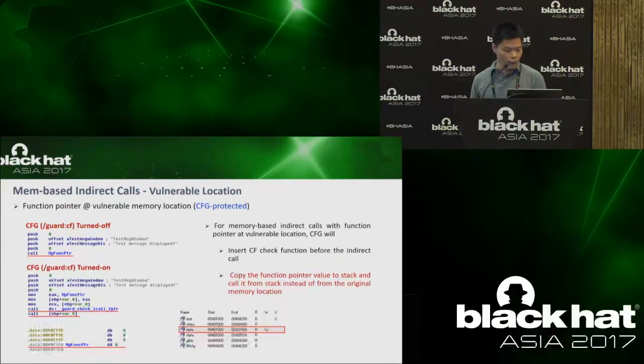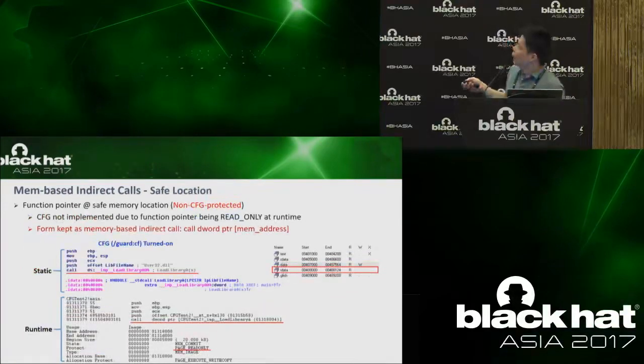Alternatively, on the second one, the function pointer is located at a safe memory location. For example, here we have a memory-based indirect call while the function pointer is located at the iData segment, and the iData segment is read-only from IDA, which is confirmed from runtime analysis.